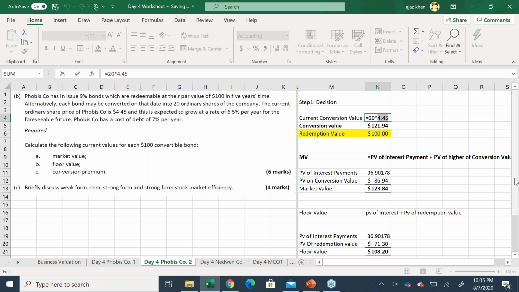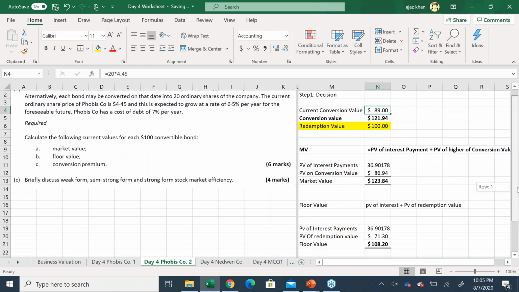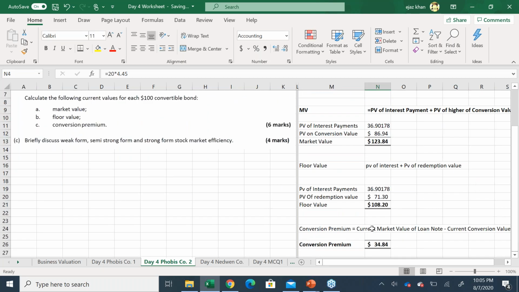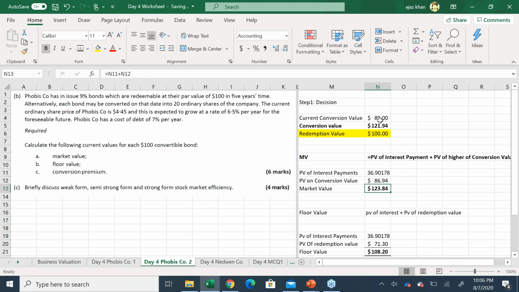Okay, Janzeb asks that what does conversion premium represents? Can't you interpret now? The current market value of the bond is 123.84, right? The bond that you are buying today has a value of 123.84. And the shares that you will be getting after 5 years have a current value of $89.